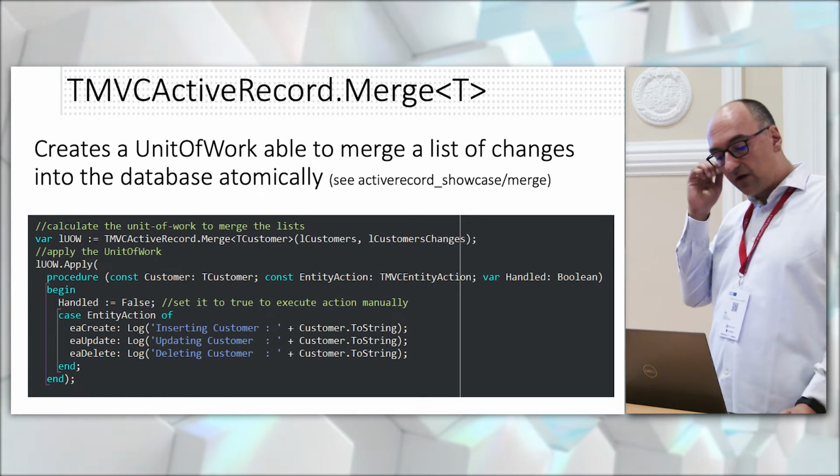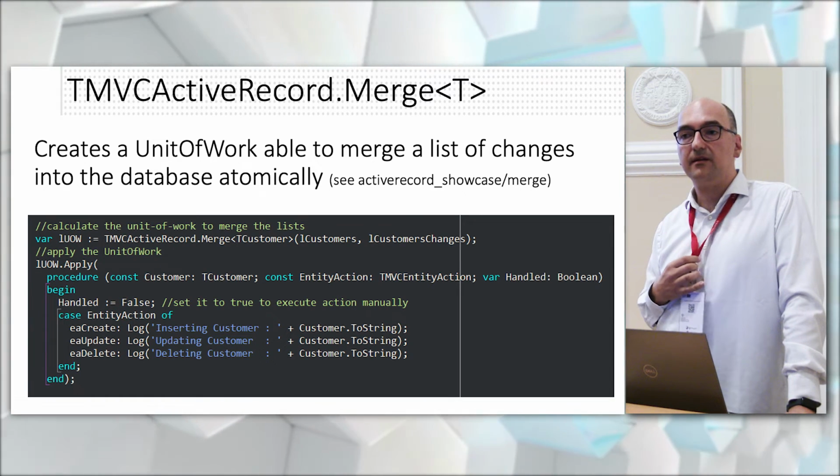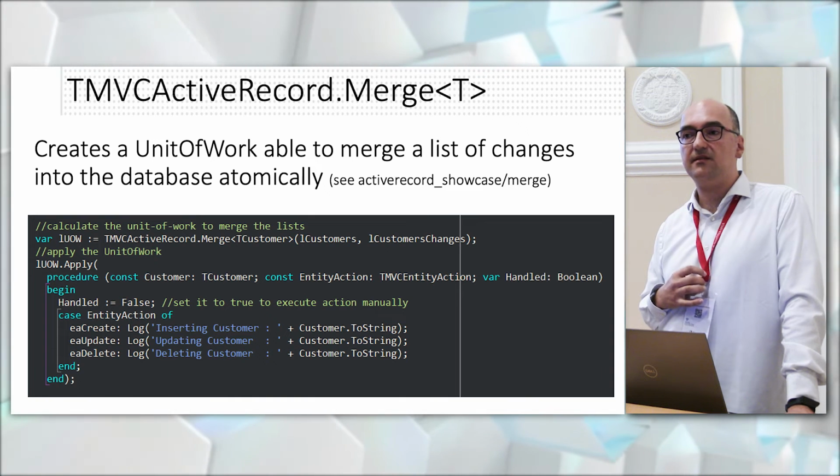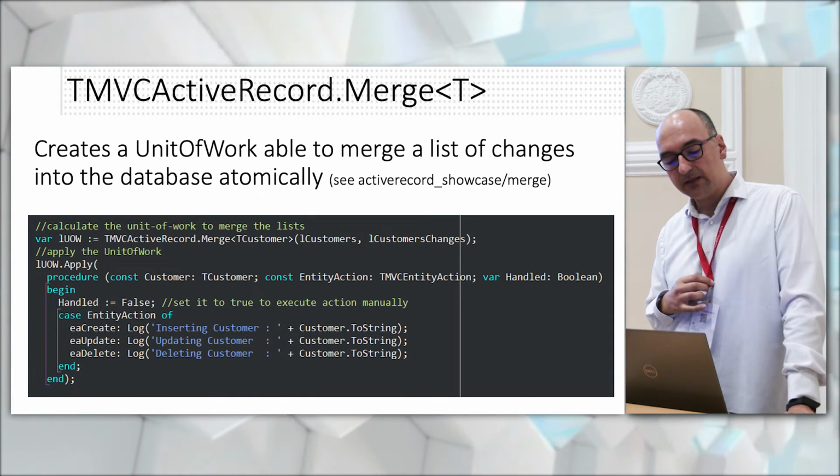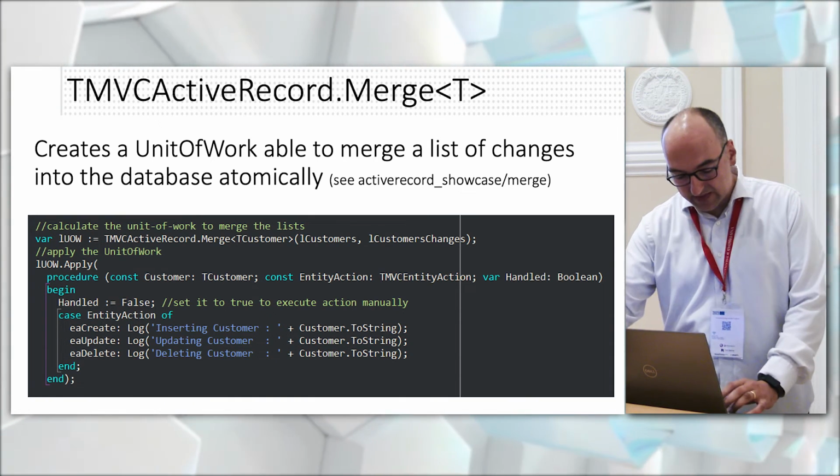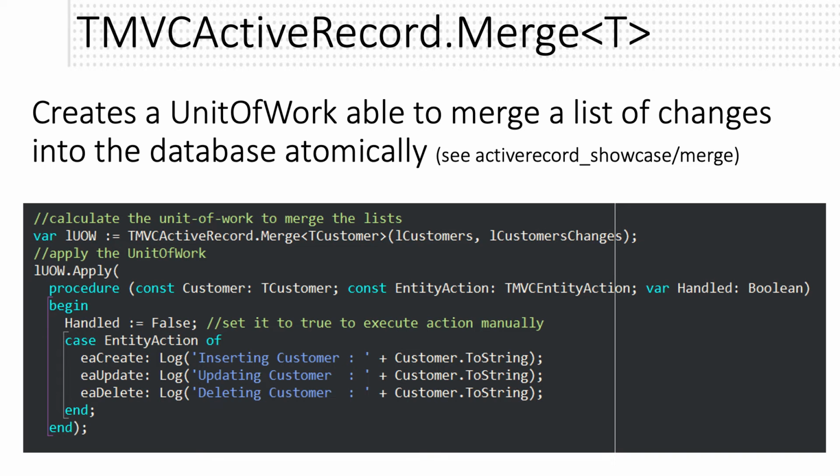This is an implementation of the unit of work design pattern, which allows you to do that in a quite simple way. You can just pass to the MVC Active Record the method called merge. It's a generic method.